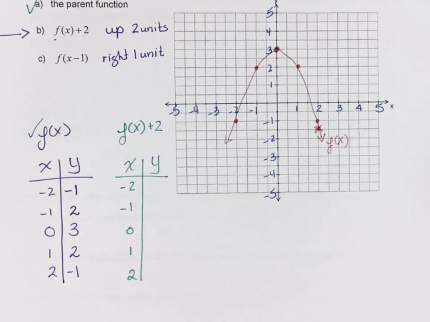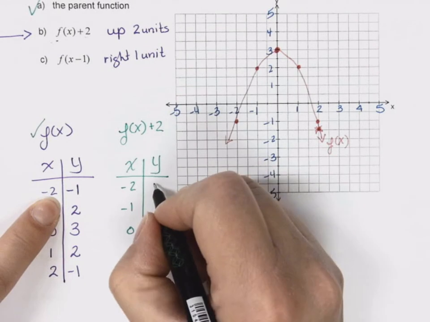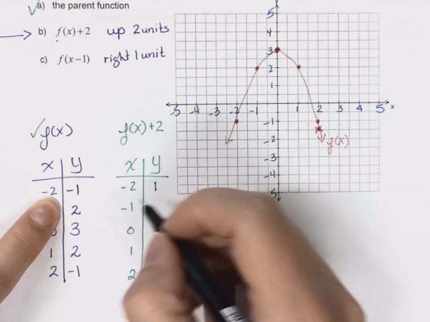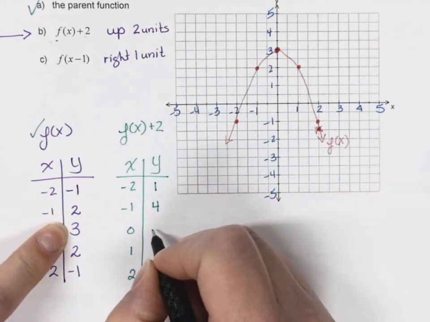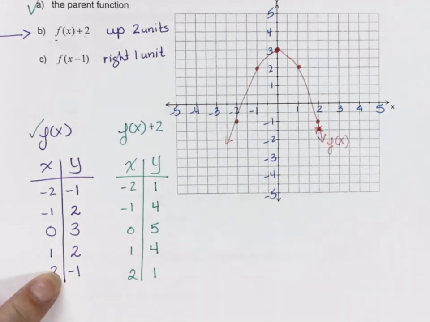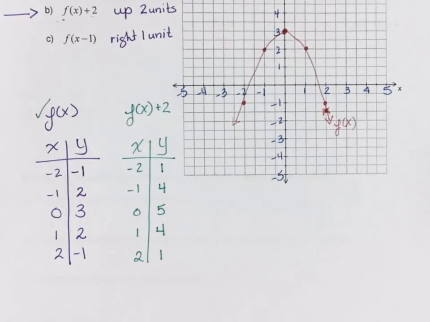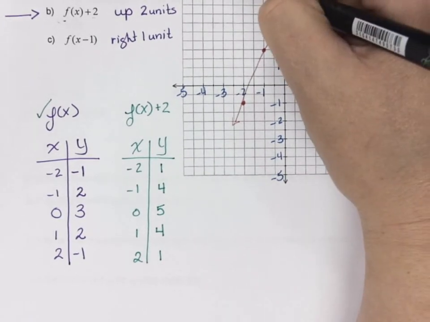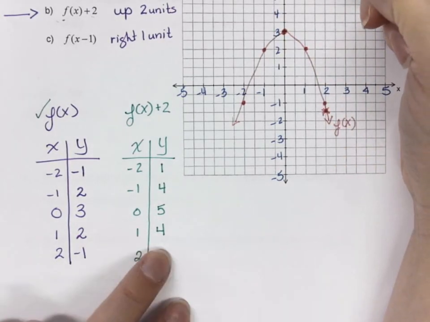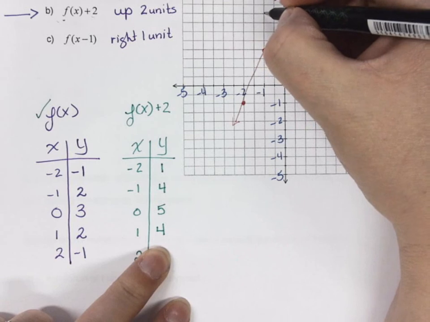So we're going to add 2 to every y. So 2 plus -1 is 1. 2 plus 2 is 4. 5, 4, and 1. That's exciting. So we're going to graph this graph. So now I'm at 0, 5, 1 and 4, -1 and 4.